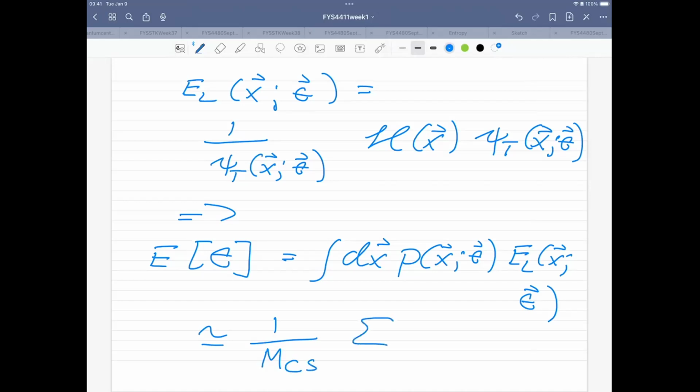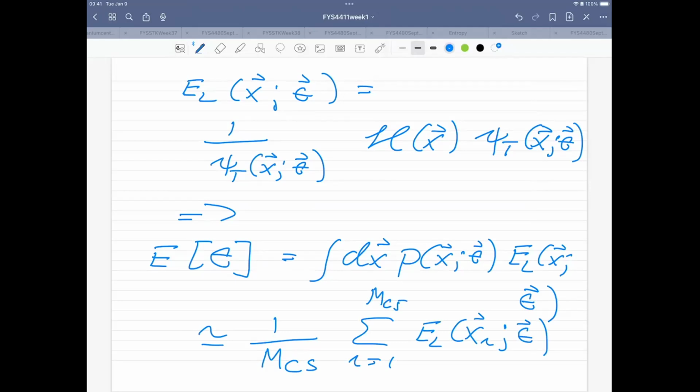And this is a summation from i equals 1 up to the number of Monte Carlo cycles. We are going to calculate E_L for these positions x_i. And x_i is a configuration because that's where the particles are placed and which spin values they have. So each x_i is one possible configuration which we will pick randomly.